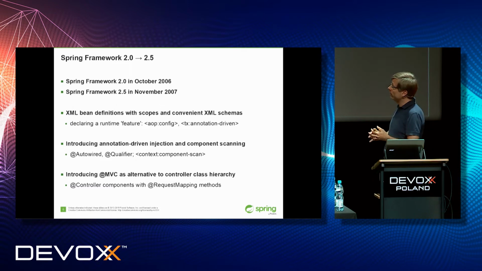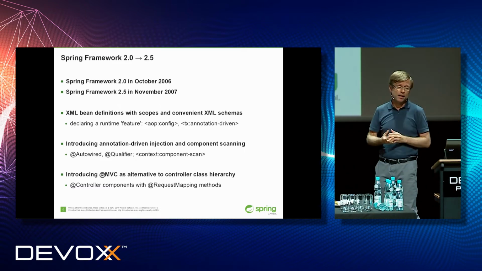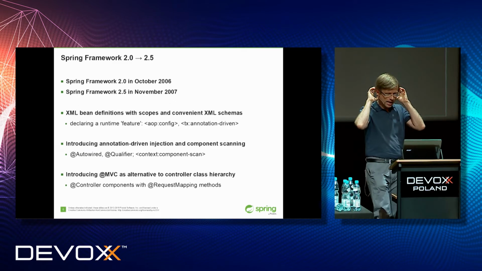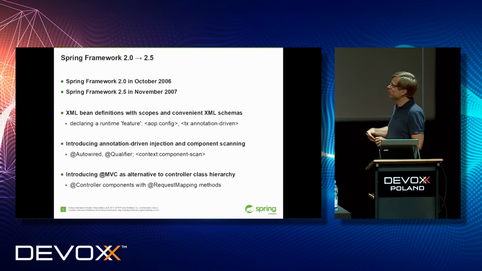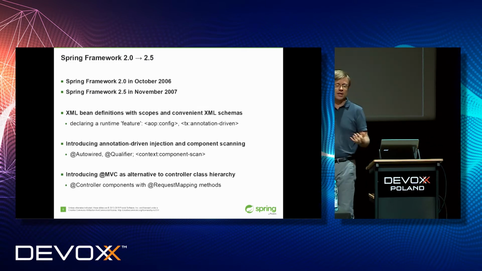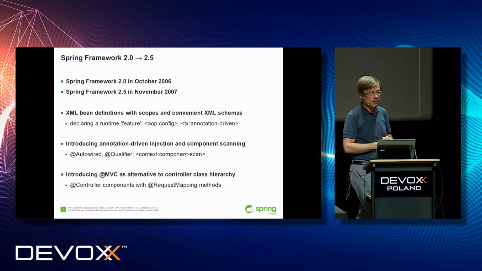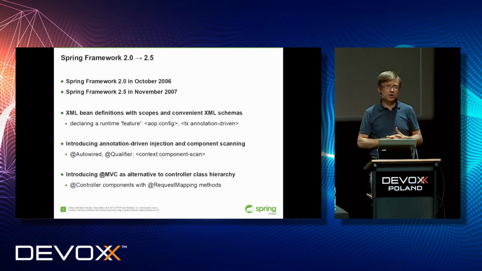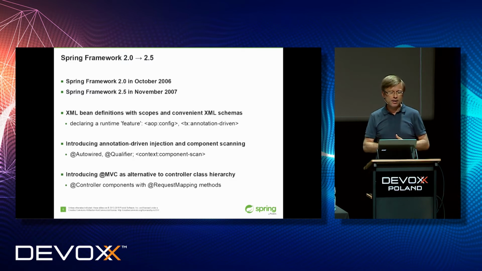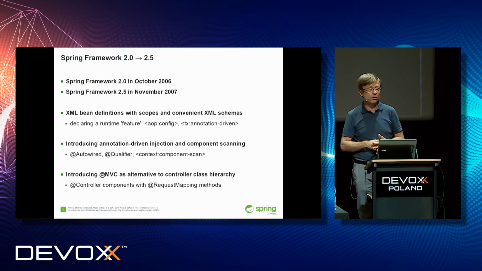Spring Framework 2.5 in 2007 started introducing annotation-driven dependency injection, so the @Autowired model, qualifiers, component scanning. Spring MVC with @Controller and @RequestMapping really date back to Spring Framework 2.5, released in late 2007. So there was some really aggressive evolution of the framework.